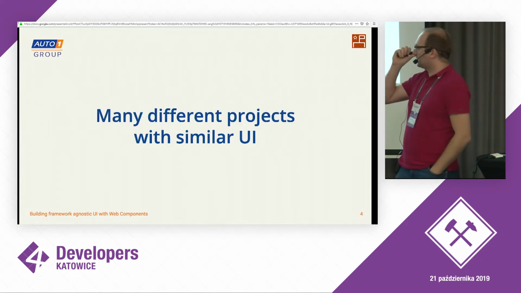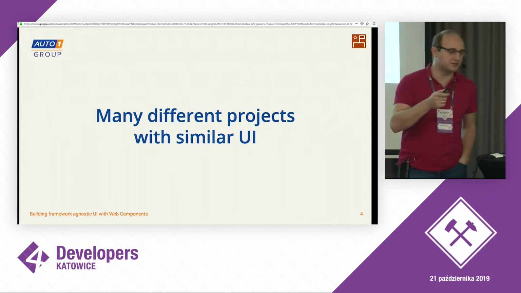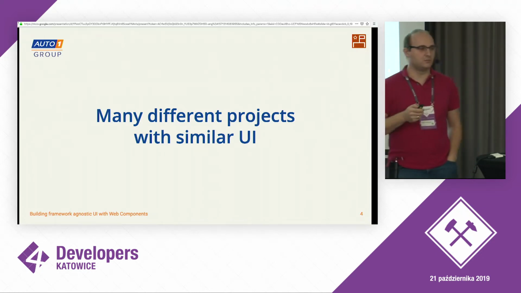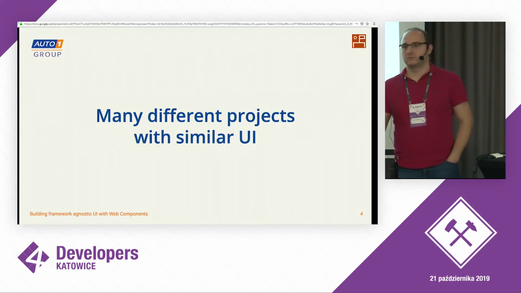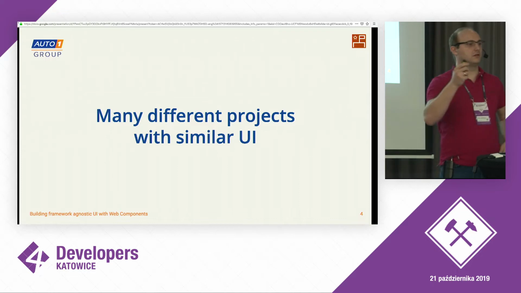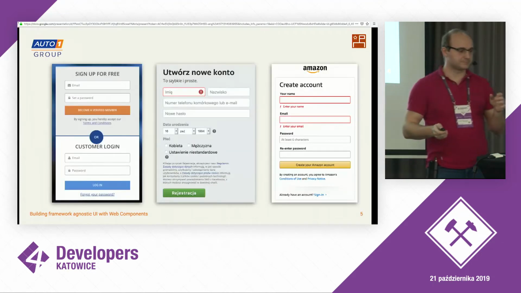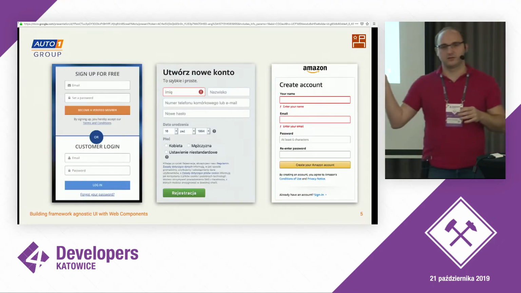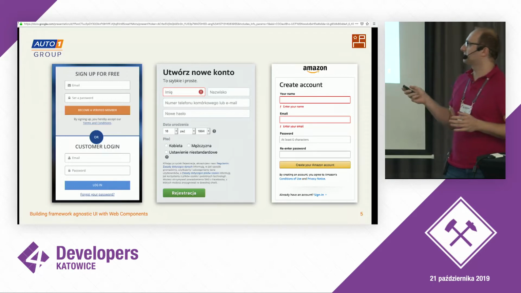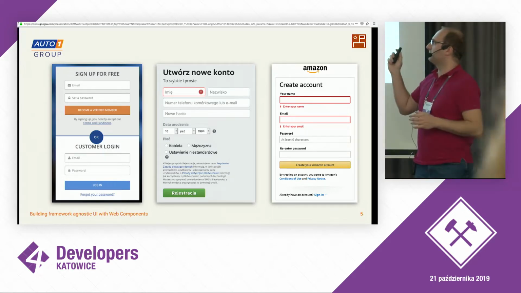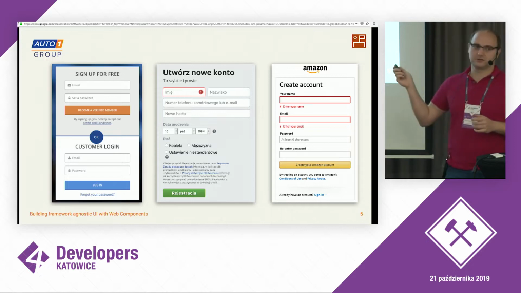So, like I said before, there might be many different projects with similar UI. So you have to create the UI elements of that project every single time. Just like this. Here we can see the forms. These are three kinds of forms: one from the Out1 website, one from Facebook, and one from Amazon.